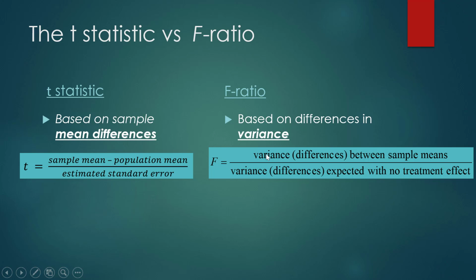We'll see in a few minutes that the variance between sample means compares how much variance there is between the means in that experiment, which can be due to random error and treatment effect. In the denominator, we're looking at the differences within each group, which tell us how much variation we have in the population, that variation due to random error or chance without any treatment effect.